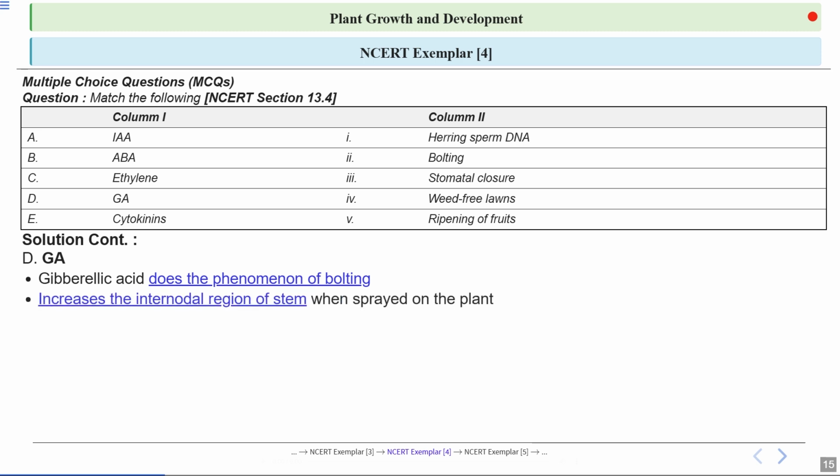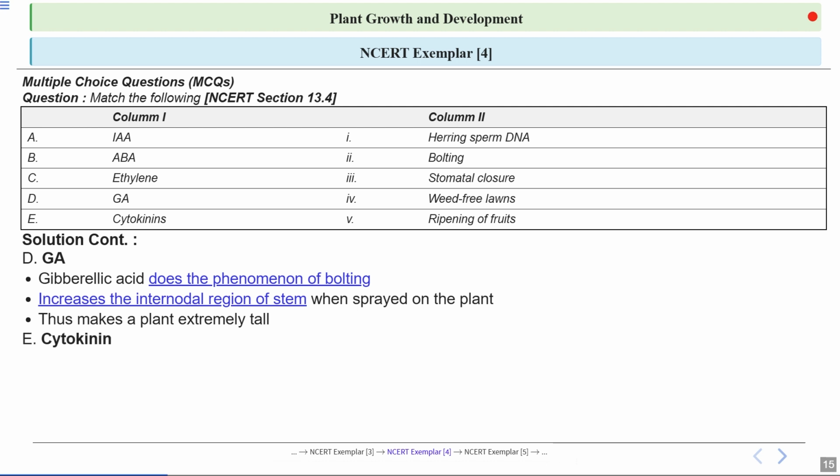When gibberellic acid is spread on plants, it increases the internodal region of the stem, making the plant appear much taller compared with a normal plant. So, this rapid growth can make the plant extremely tall, which is why gibberellic acid is often used in agriculture to manipulate plant height.